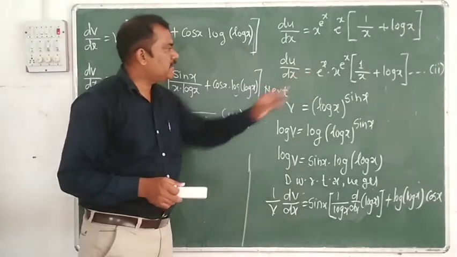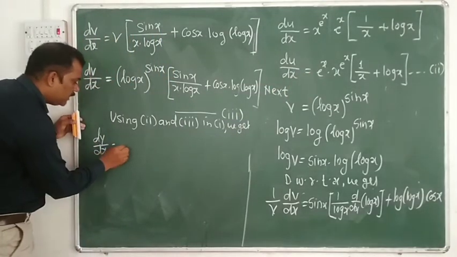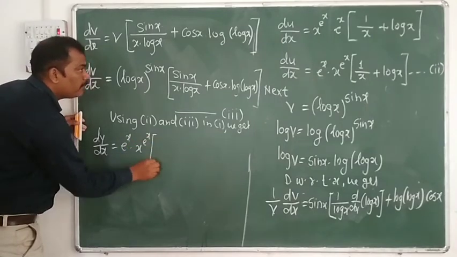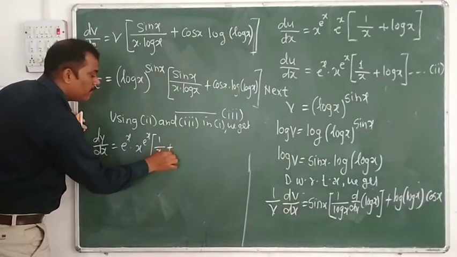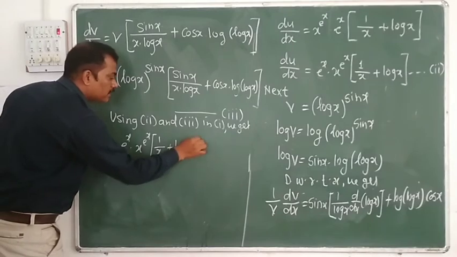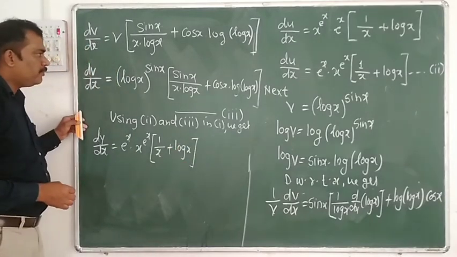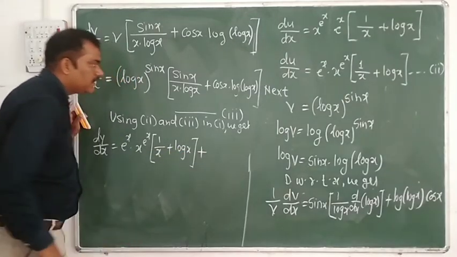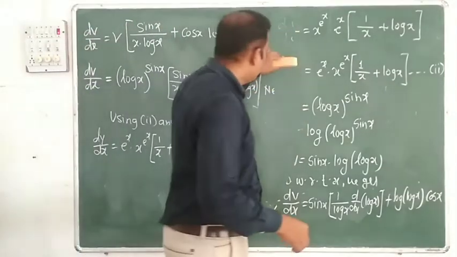Here du by dx is the number second, that is e raised to x into x raised to e raised to x into bracket 1 upon x plus log of x. This is the value of du by dx. Now we have to substitute the value of du by dx plus the value of dv by dx.